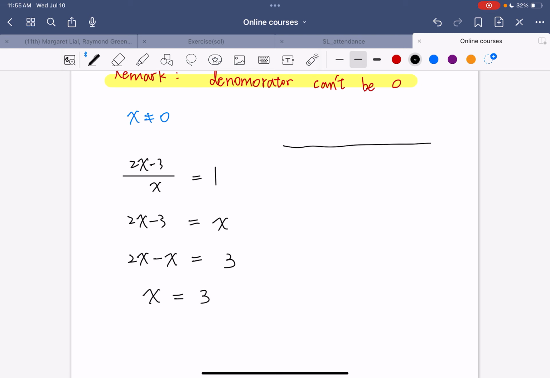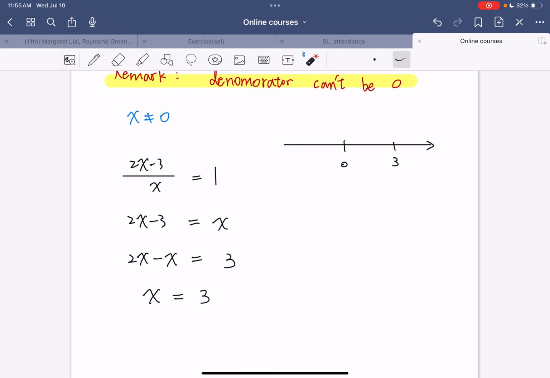So let's draw the line here. We got 0 and 3, and it cuts this number line into 3 different parts. One is from negative infinity to 0. Second is from 0 to 3. And the last part is 3 to infinity.